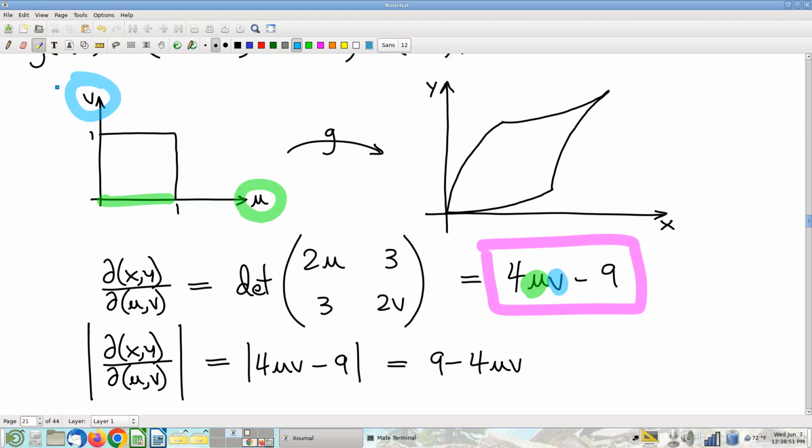Well, v is that axis, and you can see on the pullback domain, it's between 0 and 1. Is everybody happy? So, beautifully, what I've got here in dark blue is a number that's always less than 4. And subtracting 9, this expression is always less than or equal to -5. So it's always negative.